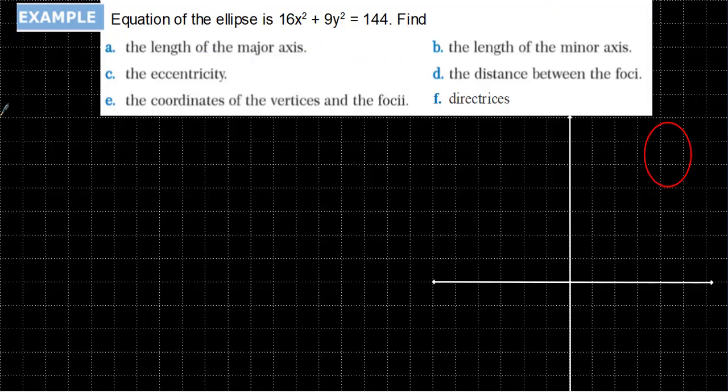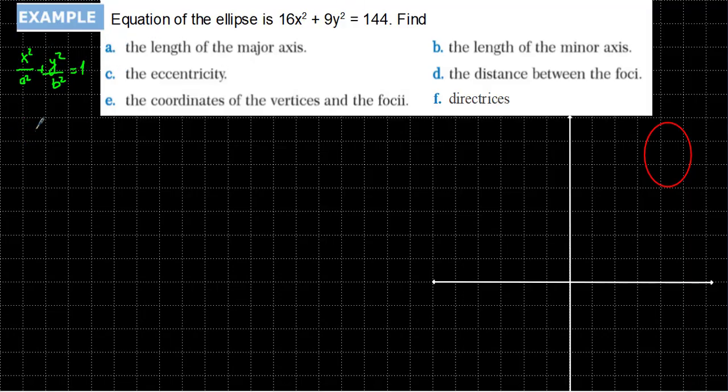So the formulas on the previous page I wrote, I'm not going to rewrite them again. Only first I'm going to change this one into canonical equation. In the canonical equation, x squared over a squared plus y squared over b squared is equal to 1. So with respect to this one, the right side should be 1.